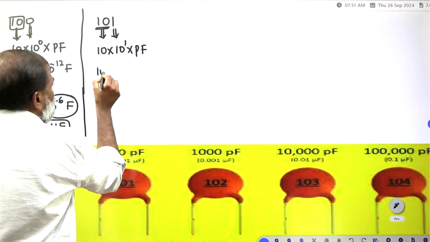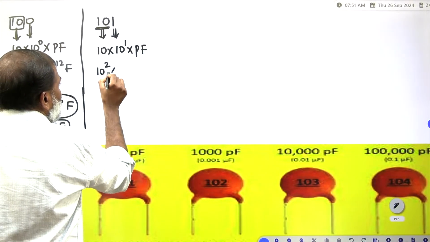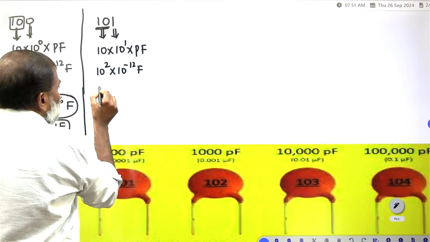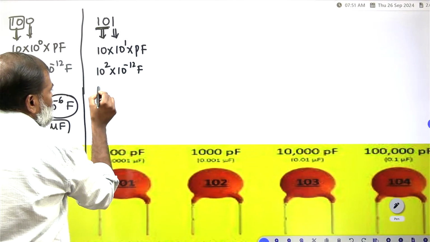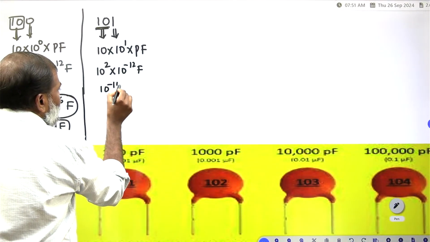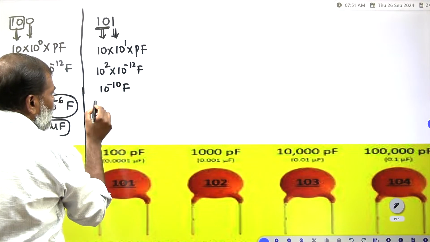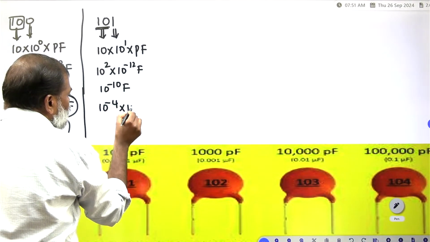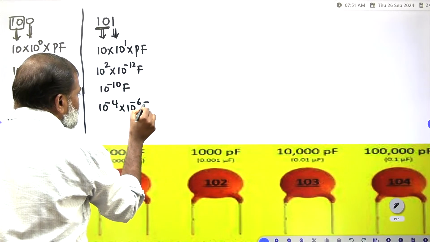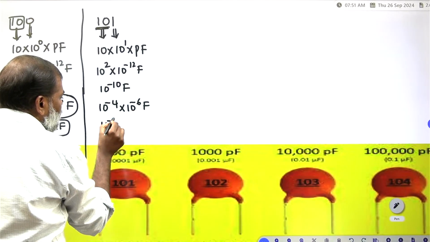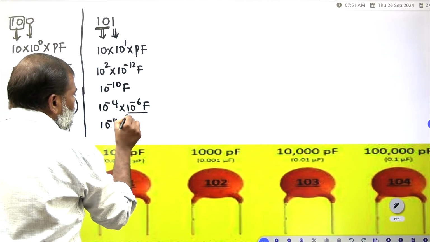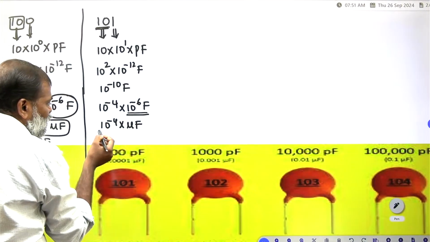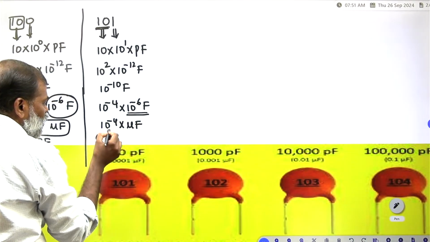So 10 into 10, 10 squared, into 10 to the power of minus 12 farad means 10 to the power of minus 10 farads. How do we write this? 10 to the power of minus 4 into 10 to the power of minus 6 farads is equal to microfarad. So therefore, how do we write?